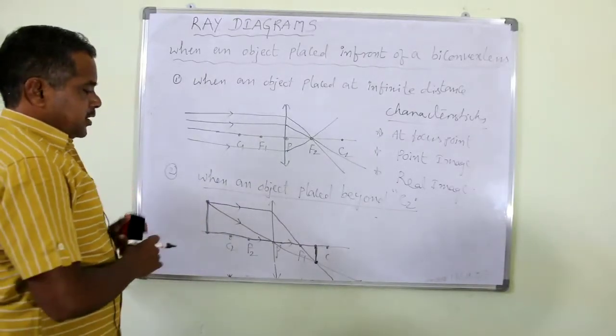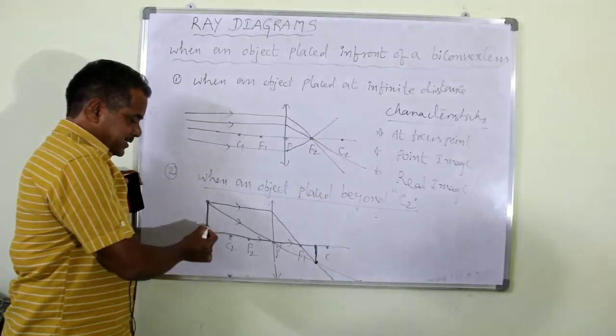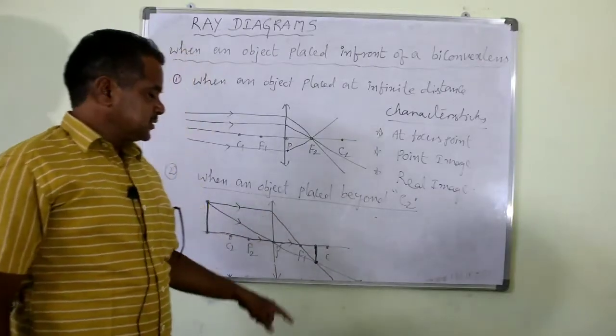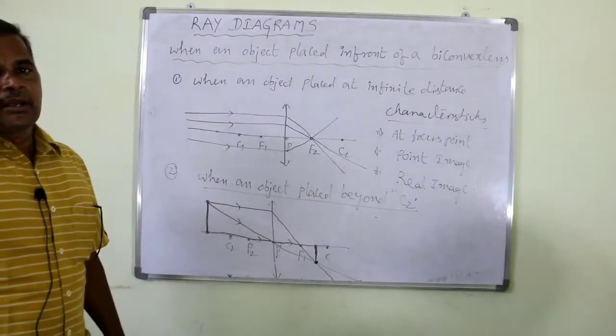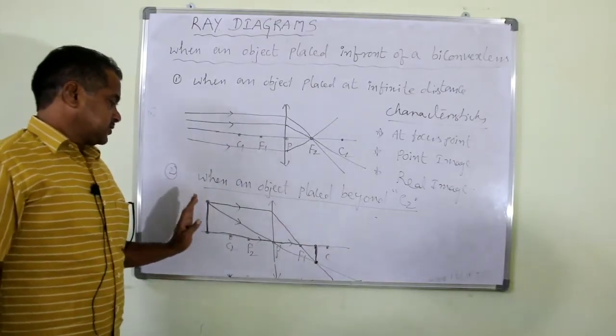By observing this ray diagram, the size of the object is more than the size of the image. That's why we can say that this image is a diminished image. So what are the characteristics?